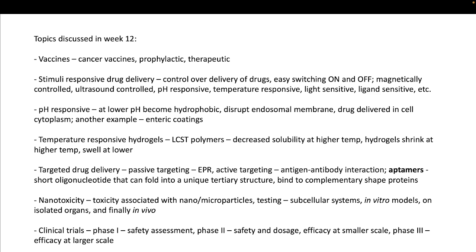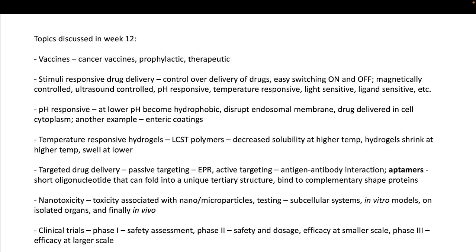So if you make a hydrogel out of these temperature responsive polymers, these hydrogels will shrink at higher temperature while they'll swell at lower temperature. So you can modulate the polymer chains in such a way that you can increase or decrease the pore size of these polymers, and in that way you can have some control over the drug released from these polymers.